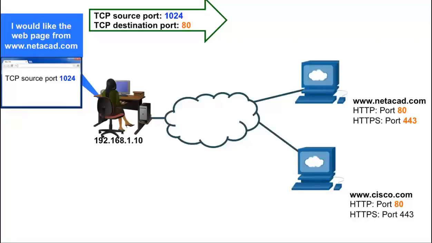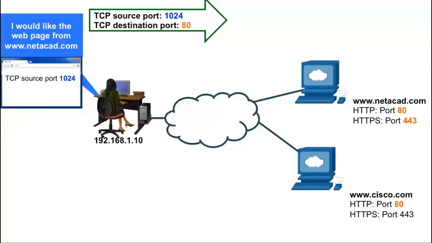server computer. In this example, the user has entered the URL www.netacad into their web browser. The web browser is sending the information using the network application protocol HTTP, which uses the transport protocol TCP.